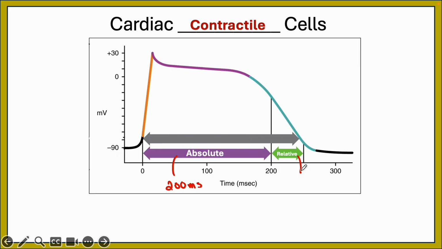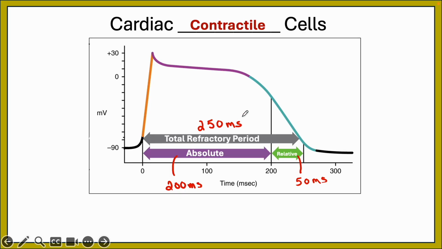it's going to need to overcome the repolarization that's already happening, so it's unlikely to occur. This is going to last about 50 milliseconds. So together, the total refractory period is about 250 milliseconds.